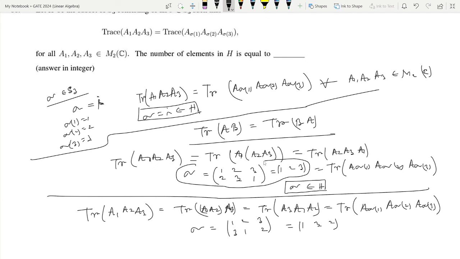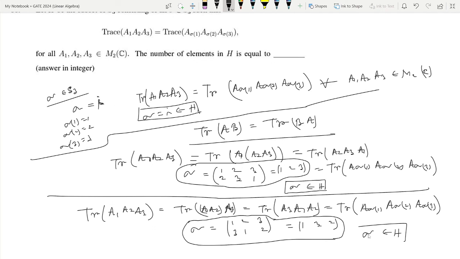Like the above sigma, this sigma also is a member of H, because for this sigma, trace A1, A2, A3 equals trace A sigma 1, A sigma 2, A sigma 3 for all A1, A2, A3 in M2(C).